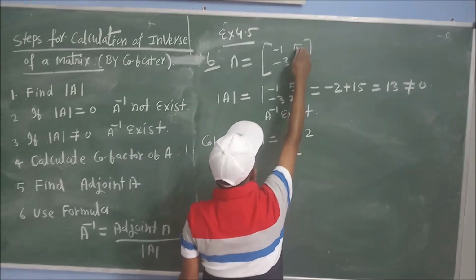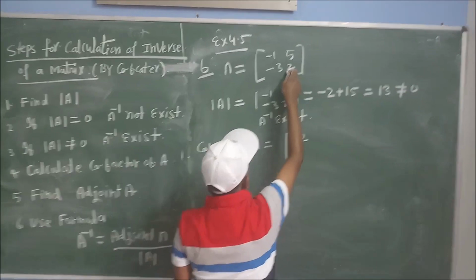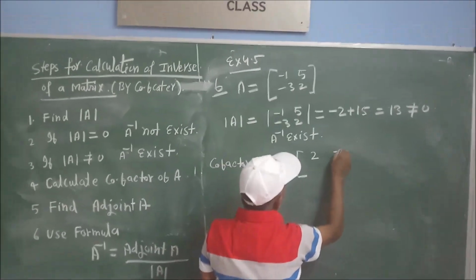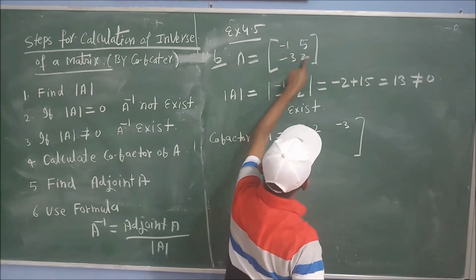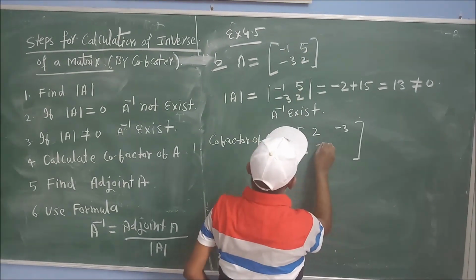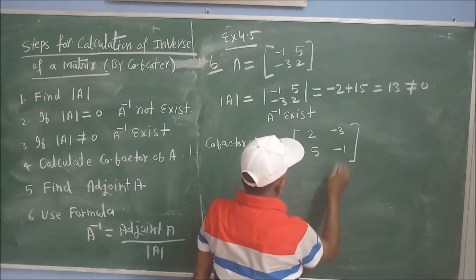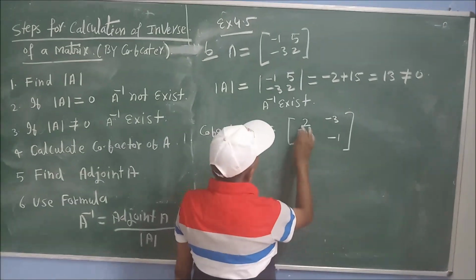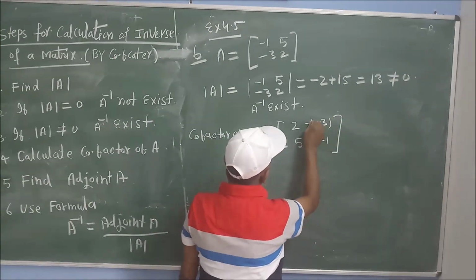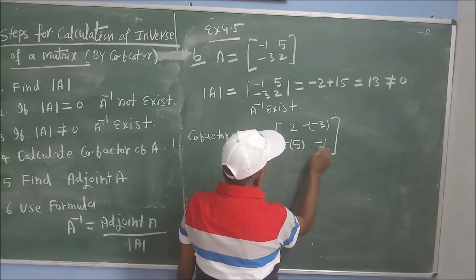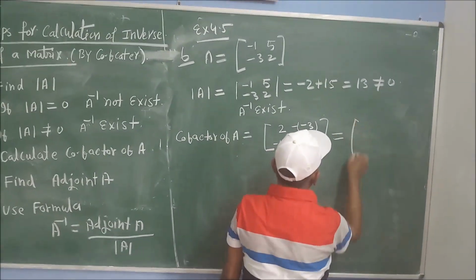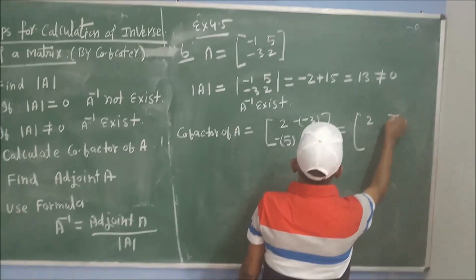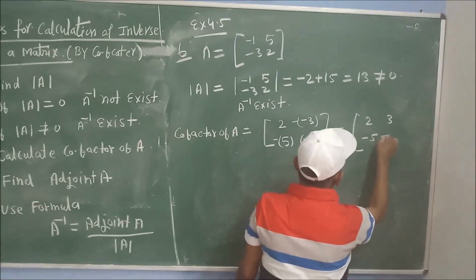And cofactor of 5, this is cancelled, this is cancelled, so you will get -3. And cofactor of -3, this row is cancelled, so you will get 5, and here you will get minus. Check the sign: here will be plus, here minus, here again minus, and here plus. So the cofactor elements will be 2, 3, -5, -1.